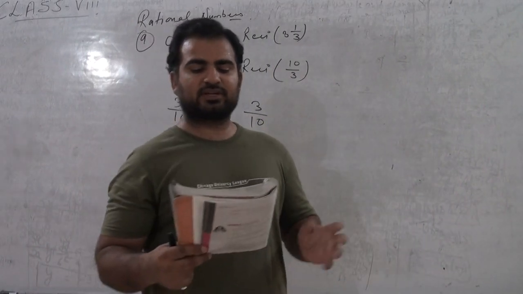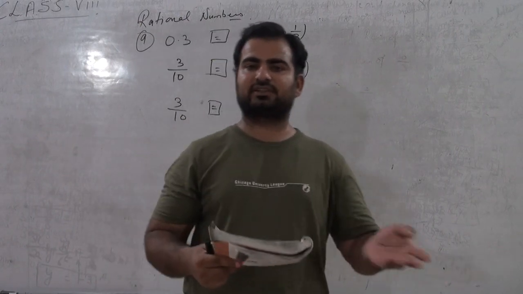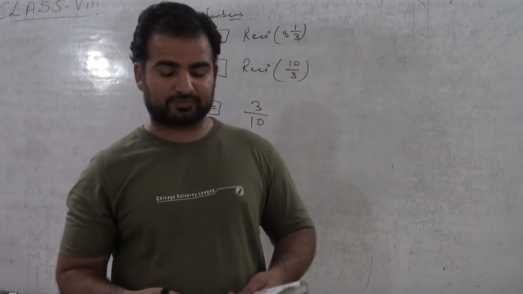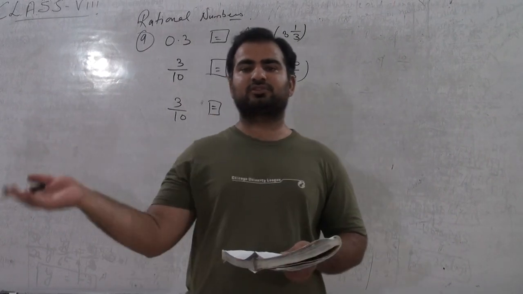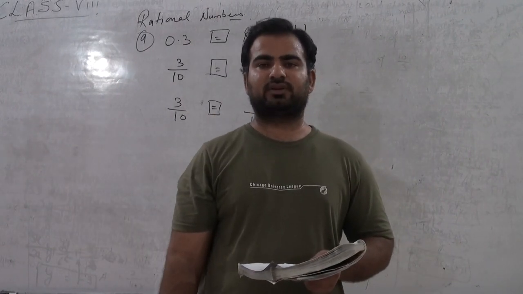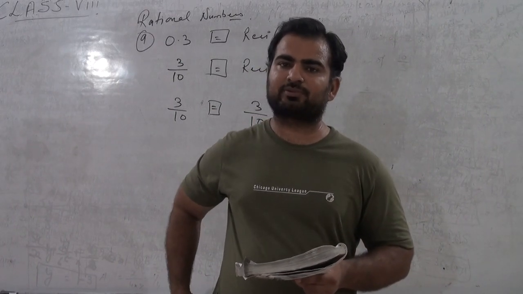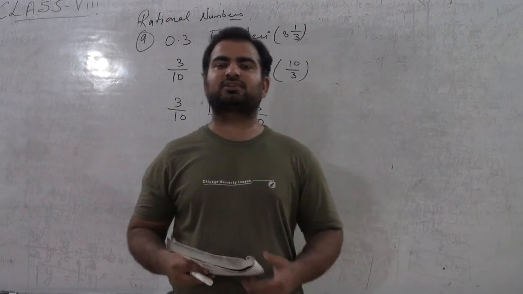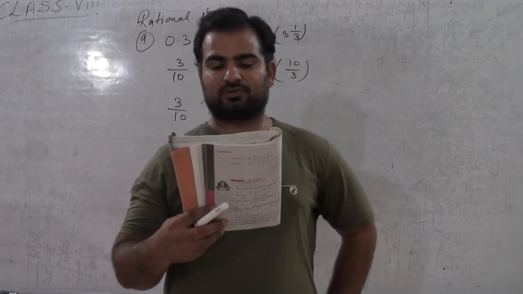Next is question number 11, fill in the blanks. 0 has no reciprocal, because 1 upon 0 is infinity. The numbers 1 and minus 1 are the reciprocals of their own.